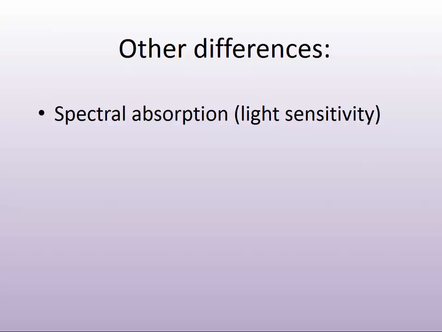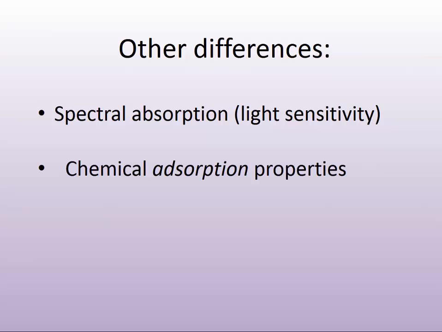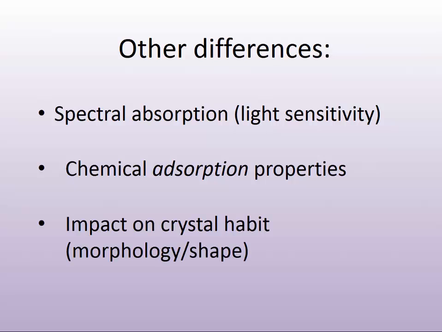But these silver halides also have substantial spectral absorption or light sensitivity differences. Another key difference between each of the silver halides is their chemical adsorption properties. And we'll go into why this is important in photographic chemistry, and then wrap up this section with a discussion of how each of the silver halides impacts what is known as the crystal habit, or the crystal morphology or crystal shape.